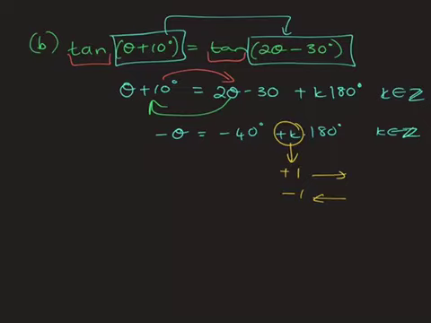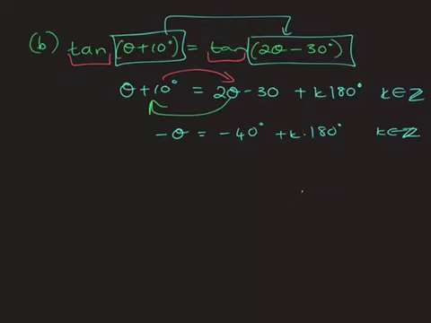So this plus k can end up being negative or positive depending on if we're going forwards or backwards. So we always just keep it plus k 180 because the k changes anyway to positive or negative according to our hops. So always keep it as positive k 180, positive k 360.